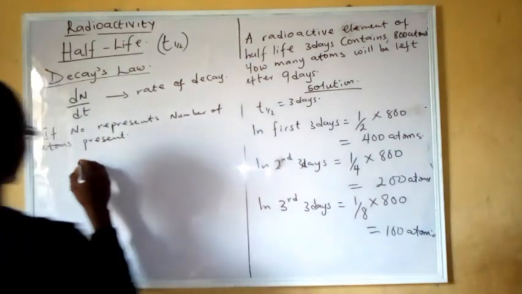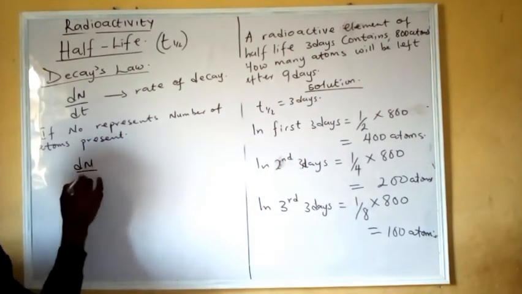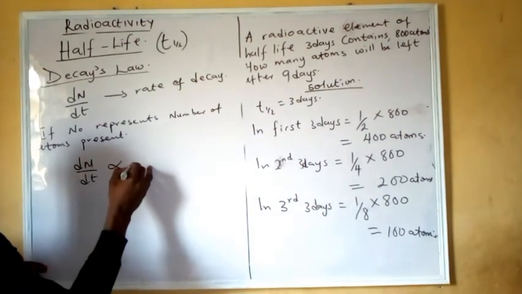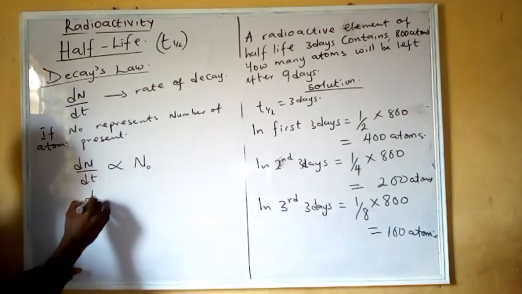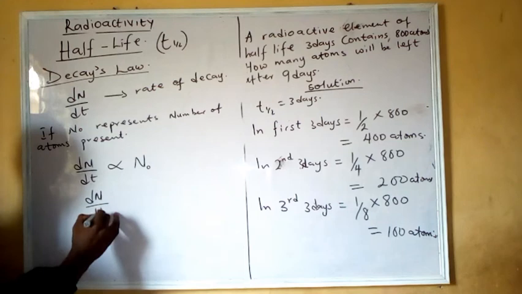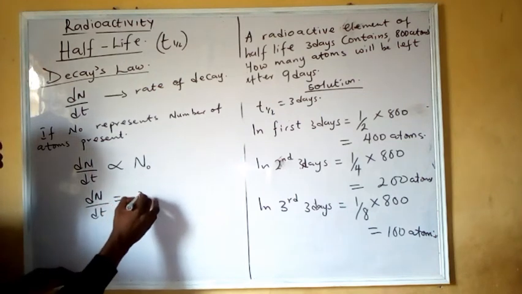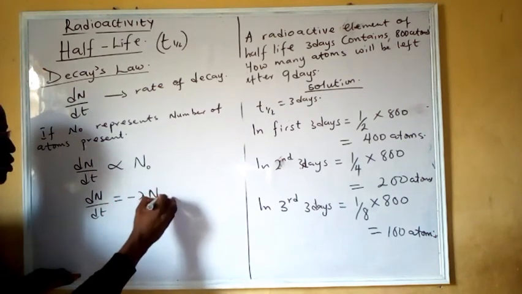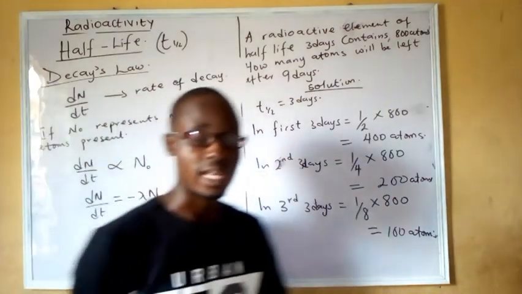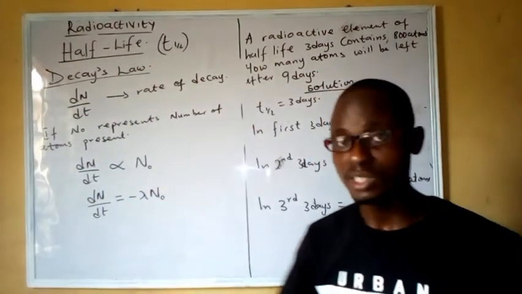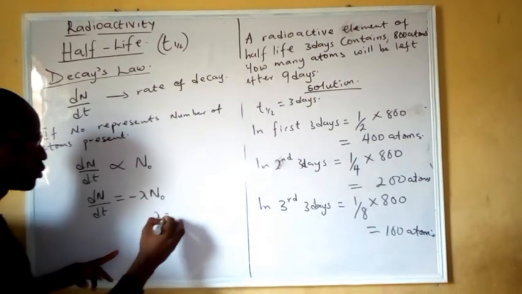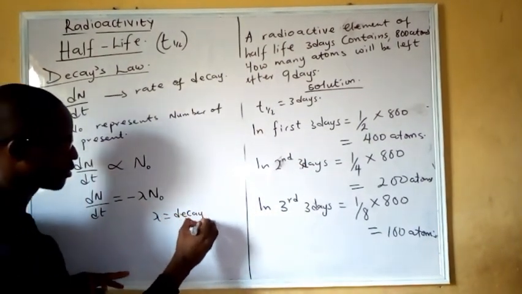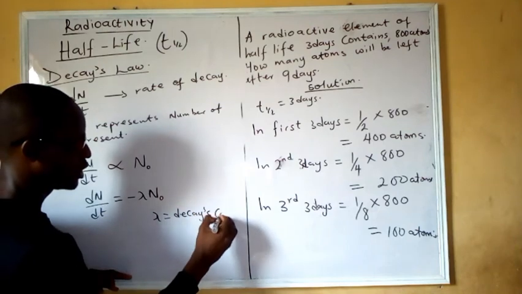So meaning we're going to have dN/dt is proportional to N naught. So meaning that dN/dt equals minus, we introduce a constant, lambda N naught. The negative sign shows that the number of atoms decreases with time. And this constant we derive is called the decay constant.